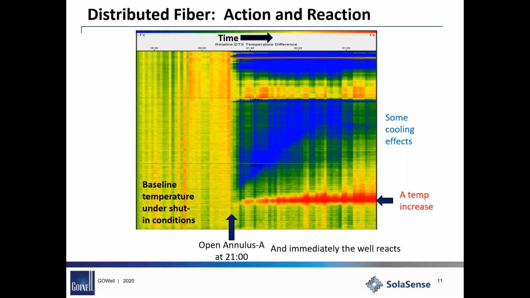Time is increasing from left to right, and I've got depth on the y-axis, and we've created this difference plot where I'm looking at successive traces with respect to that baseline, looking at the delta T, the difference in temperature from that starting point.